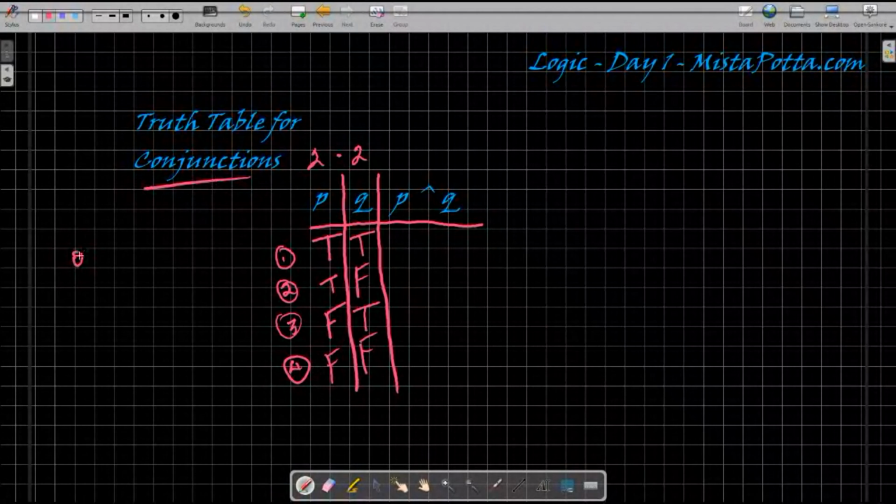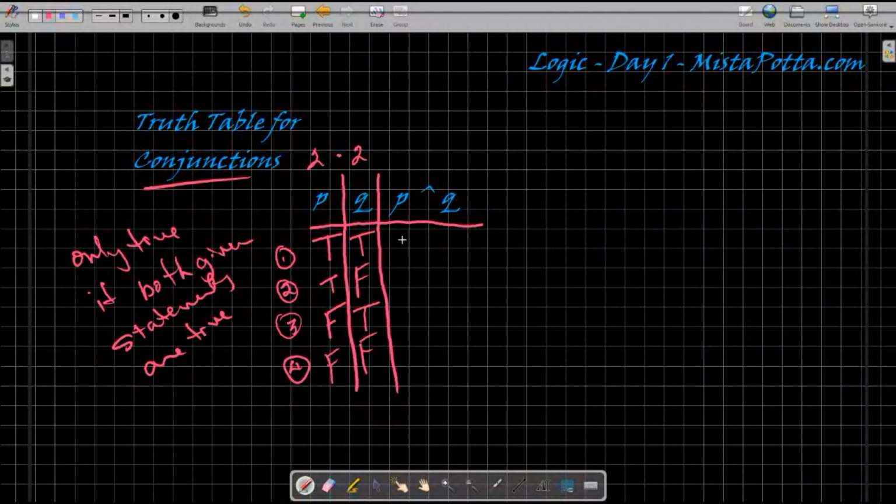Now, remember the definition for a conjunction. A conjunction is a statement that is only true if both given statements are true. In this first row, are both given statements true? Yeah.